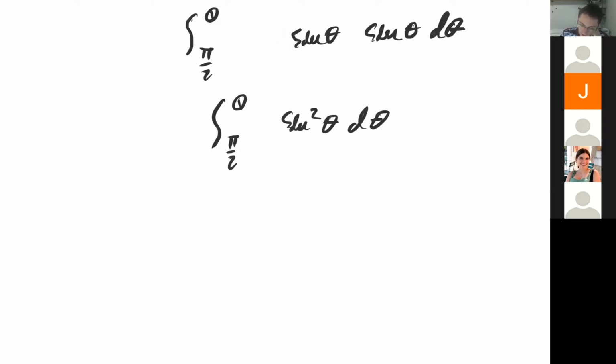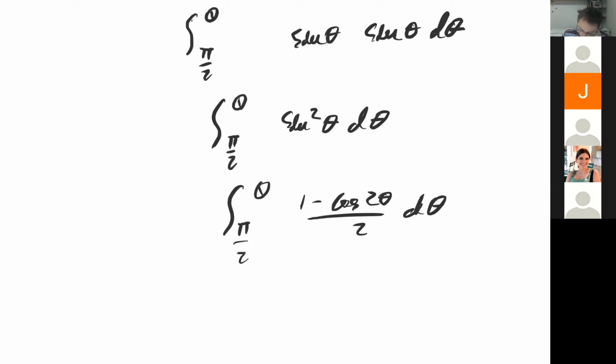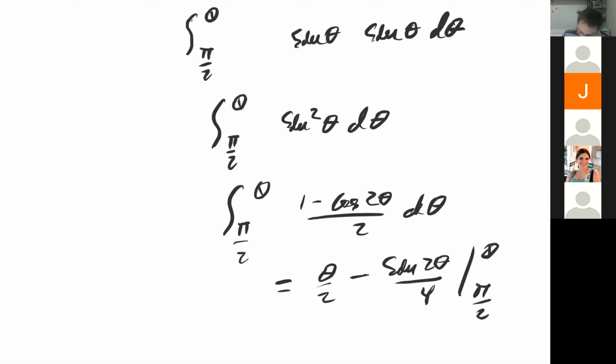What do we do now? Well, I just suspiciously gave you the lowering power formula. So the integral from pi over 2 to 0 of (1 minus cosine 2 theta) over 2 d theta. You know how to integrate this. This just gives you theta over 2, and then the antiderivative gives you minus sine 2 theta over 4. And then we go from minus pi over 2, sorry about that, to 0.